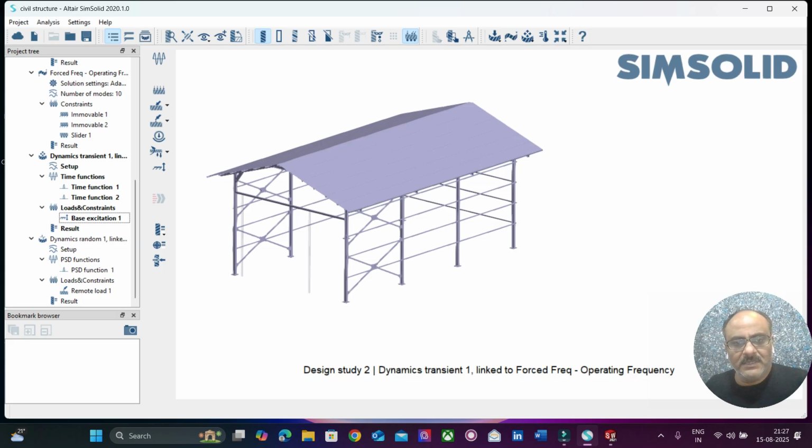So here every part of a structure is covered. All kinds of simulations needed to be performed on the structure are covered here.